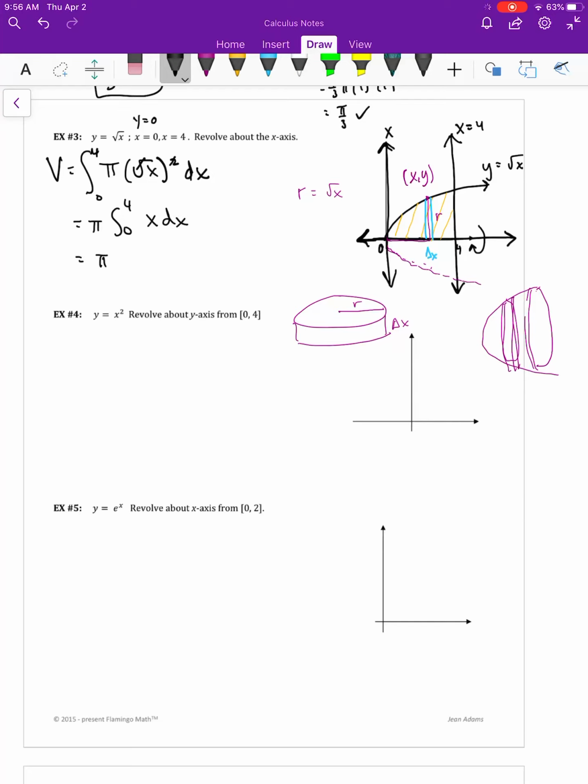So pi, and now we integrate 1/2 x squared from 0 to 4. So pi would be 1/2 4 squared minus 1/2 0 squared, which would just give you 0, so we don't need to worry about it. And 16 divided by 2 is 8, so this is 8 pi units cubed for your volume.